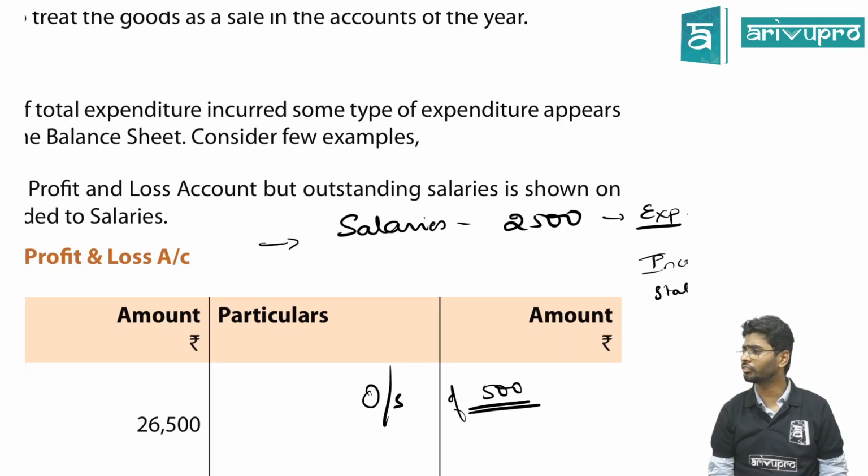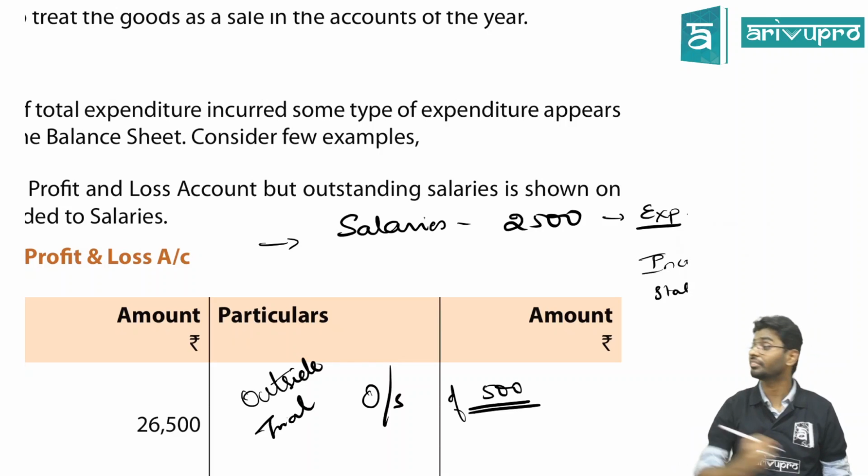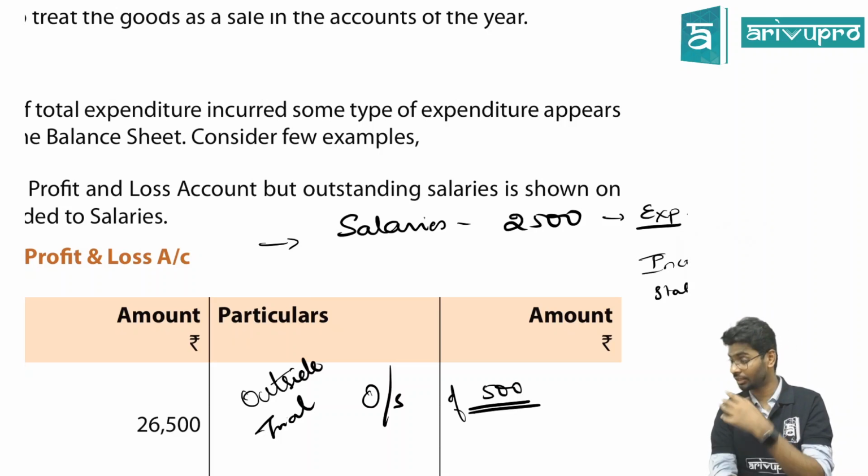What am I talking of? This is given outside the trial balance. Where have they given this? What does it mean? What does outstanding salary mean? Salary which is pertaining to a particular financial year has not been paid.